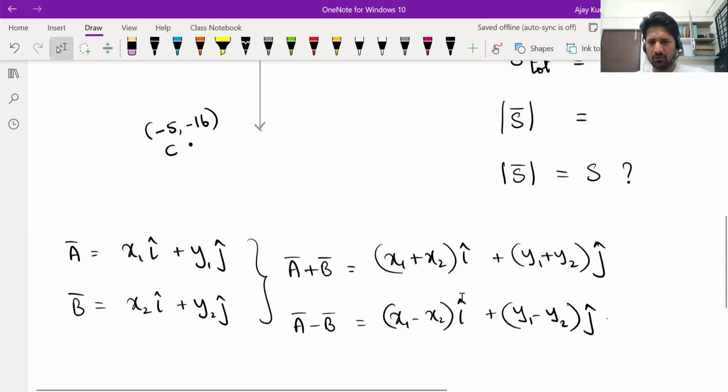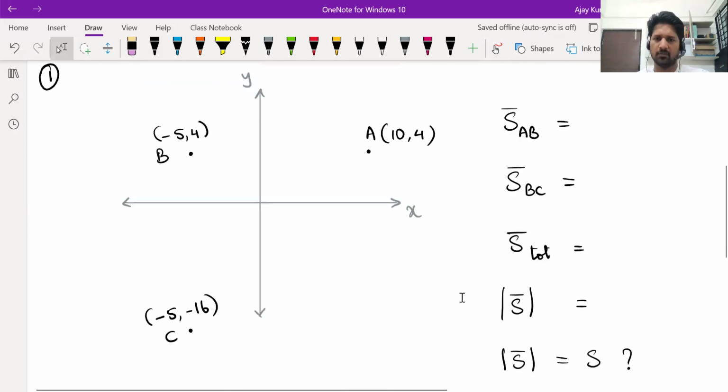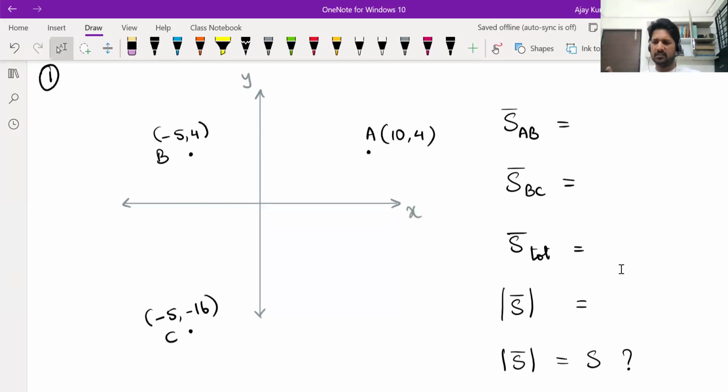Okay, so you'll have to use that here because displacement is change in position. Change means final position minus initial position. So for each displacement, write the initial position vector, final position vector, and subtract them.